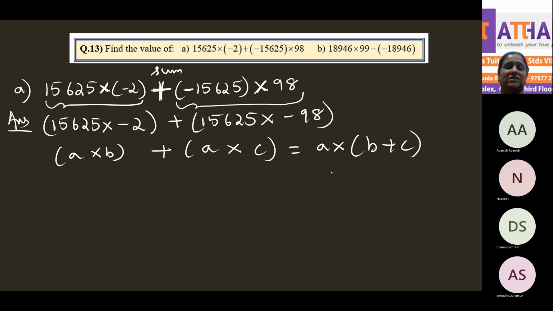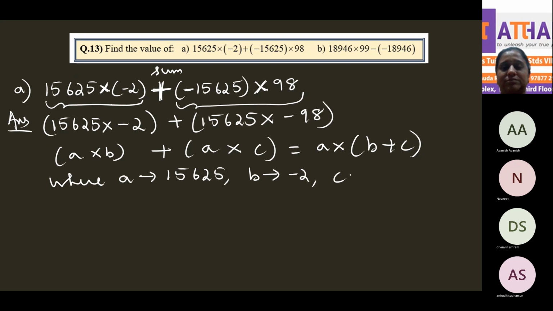A into B plus C, where A is 15625. What is B? Ma'am, B is 2. Minus 2. And what is C? Ma'am, minus 98.